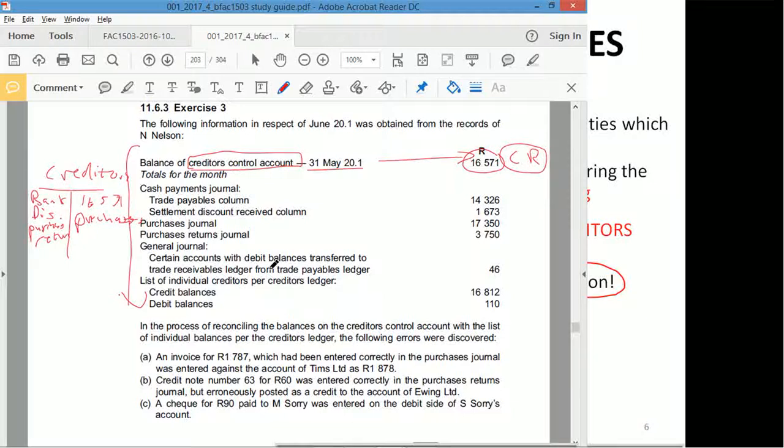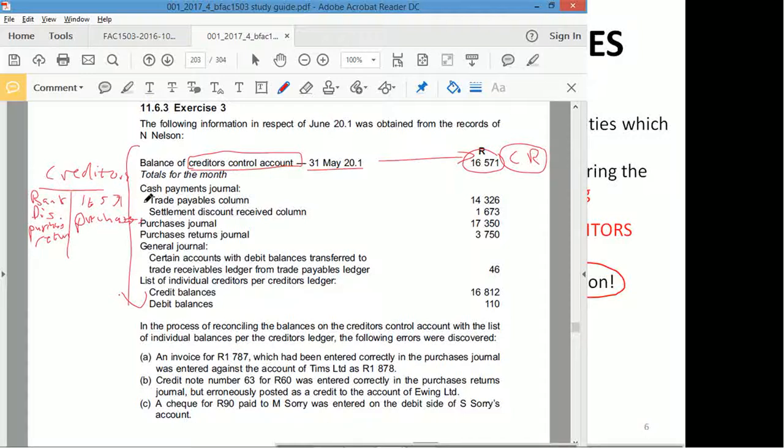Is it possible? It is. When you're paying them. Exactly. If you pay them too much, then you'll have a debit balance on your creditor. So you can have debit balances for creditors and credit balances for debtors, but it's very unusual. It's not often seen. Right, and then obviously they talk about invoices that needed to be corrected here.